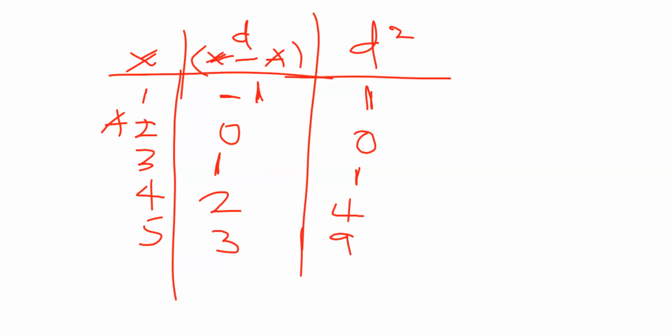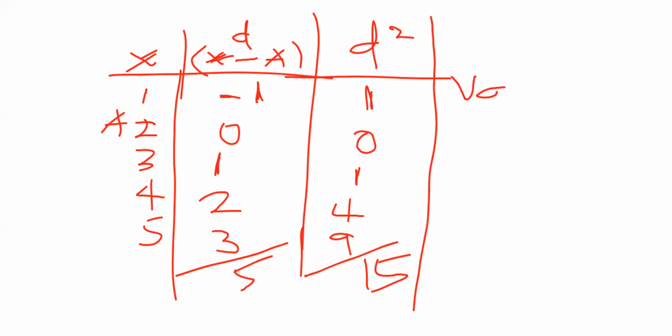Now, we add all this together. The total of the squares here is 15, and the total of the deviations here is 5. Because there's no frequency like the other one, our D total is 5 and our D square total is 15. We still follow our formula as usual.